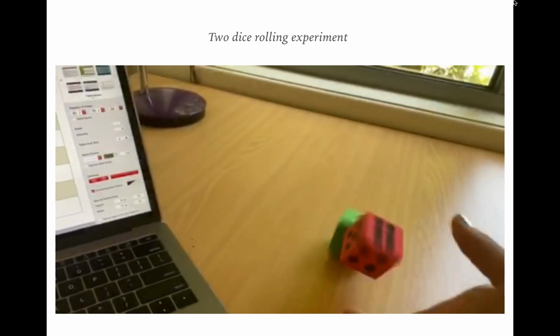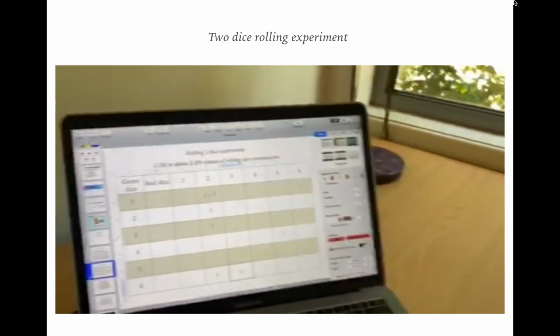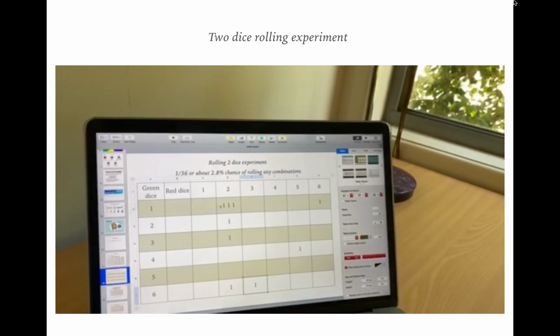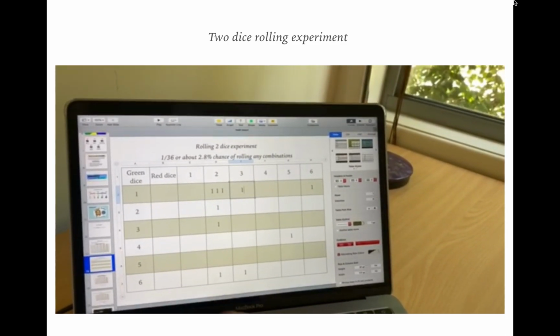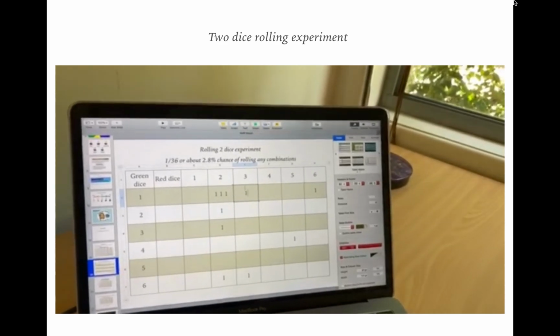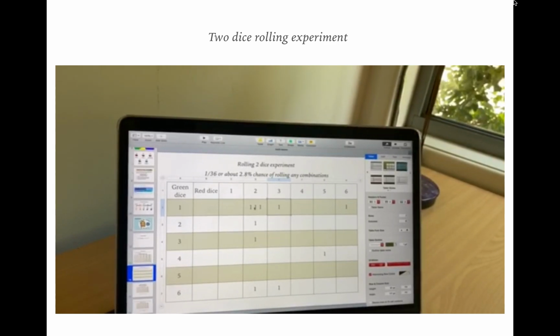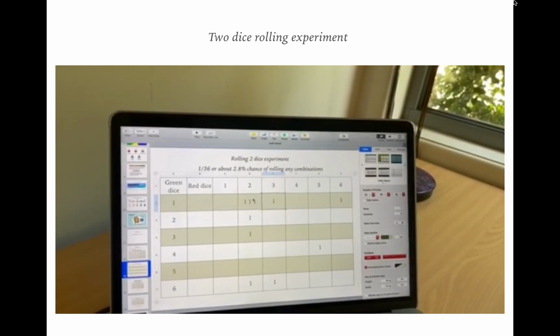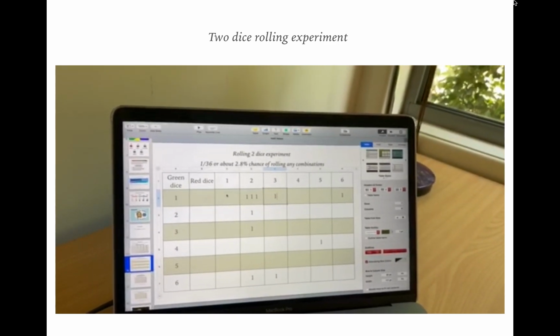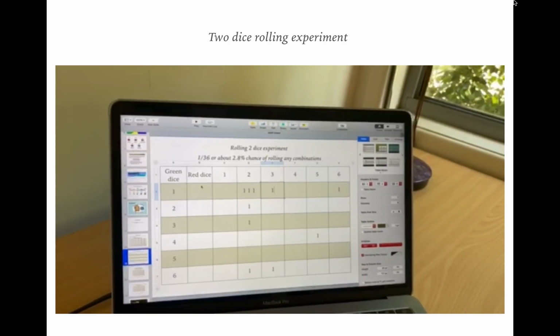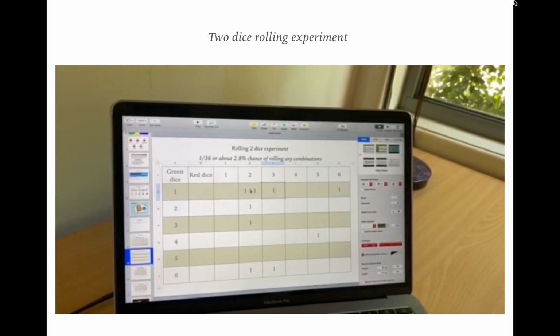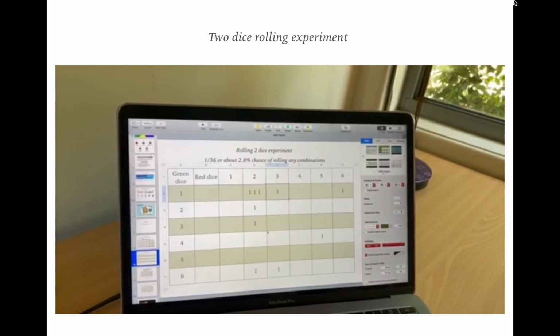And 1 more. 1 and 3. Alright, so we can see that we have 1 combination that's been rolled 3 times. So 1 and 2. Okay, 1 and 2 we got rolled 3 times. Everything else was 1 time.